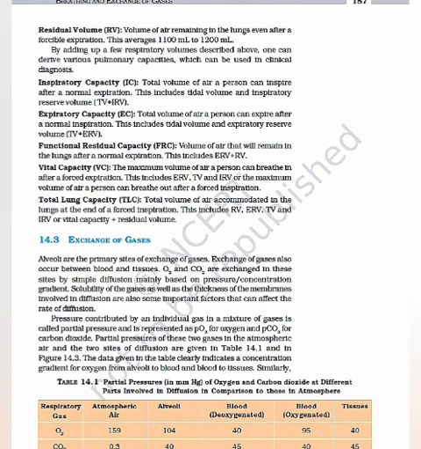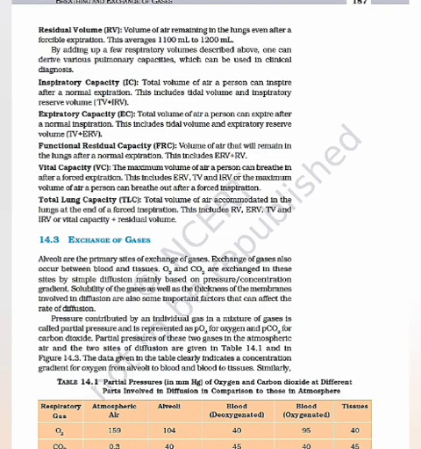This includes ERV, TV and IRV, or the maximum volume of air a person can breathe out after a forced inspiration. Total lung capacity, TLC. Total volume of air accommodated in the lungs at the end of a forced inspiration. This includes RV, ERV, TV and IRV, or vital capacity plus residual volume.